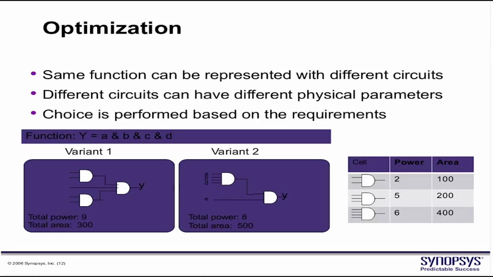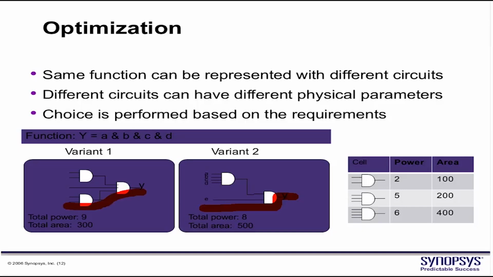And again, one more important thing is the delay from E to Y. In variant 2, the delay from E to Y just crosses one AND gate, but in variant 1, assuming this is E, the delay from E to Y crosses 2 AND gates.